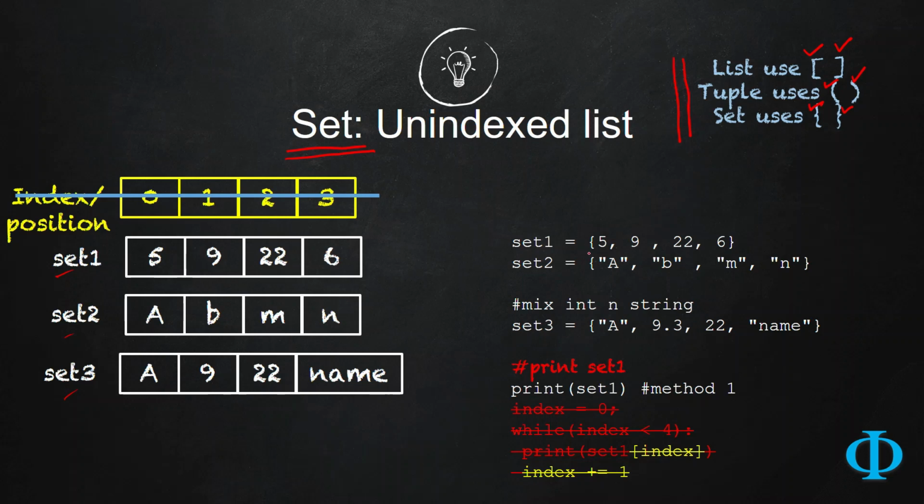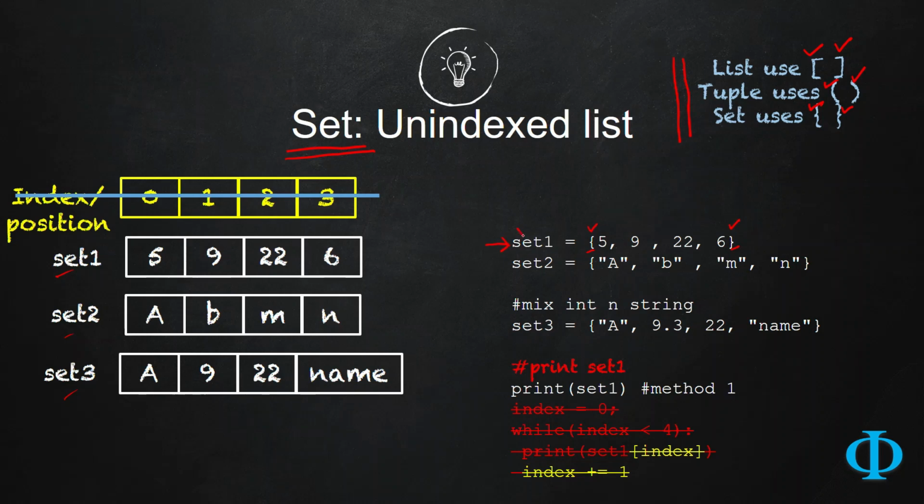So syntactically this is the only difference, and by seeing this opening and closing curly brace, the Python interpreter identifies that, well, this is not a list or a tuple, this is actually a set. So the other syntax is almost the same.